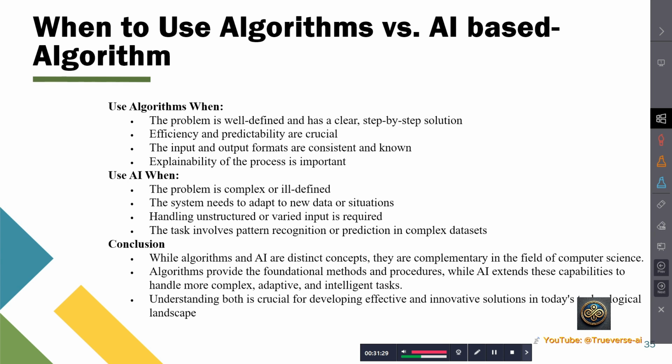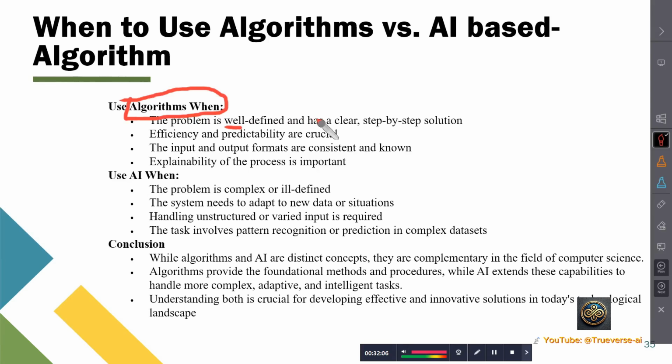So when we use AI and big data, maybe some of you are confused about the use of algorithms, because of the characteristics of traditional algorithms. You can see that they fit when the problem is well defined and has a clear, step-by-step solution.